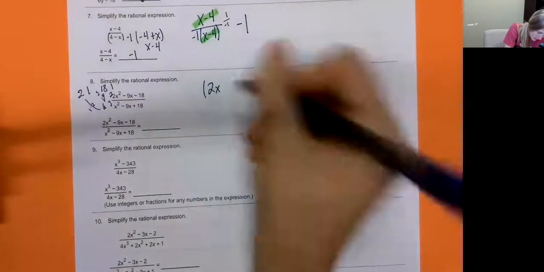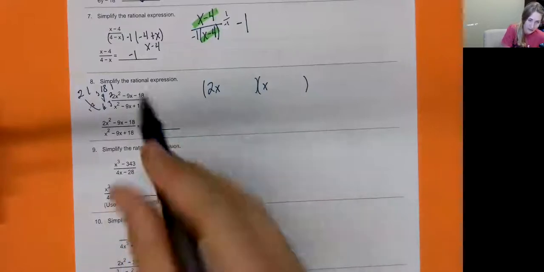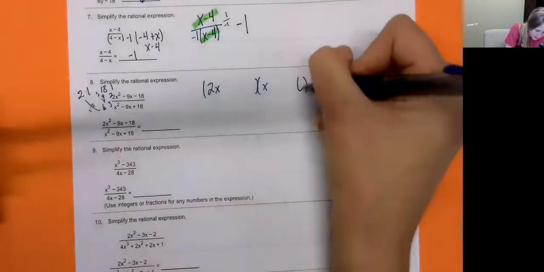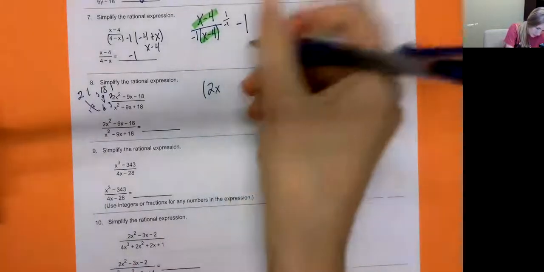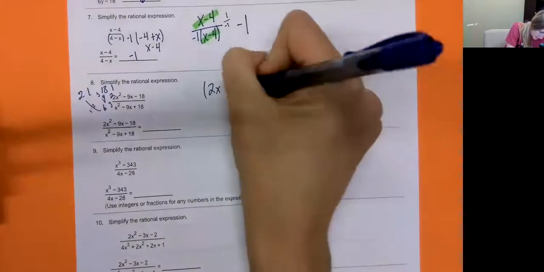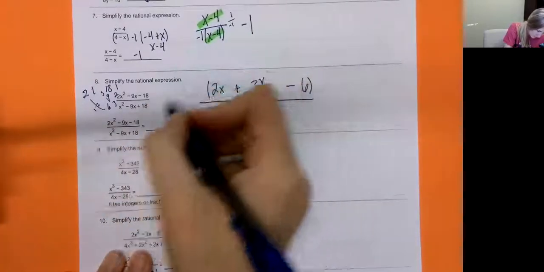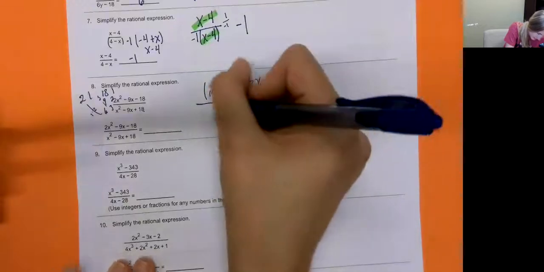So I know I have 2x and x because it's the only factors of 2. And then my factors of 18 that I'm going to use are 6 and 3. And so I have to have 2 times 6, 3 times 1, and then I want my bigger to be negative and my smaller to be positive. By the bottom, factors of 18 that add to get 9, it's still going to be 6 and 3.